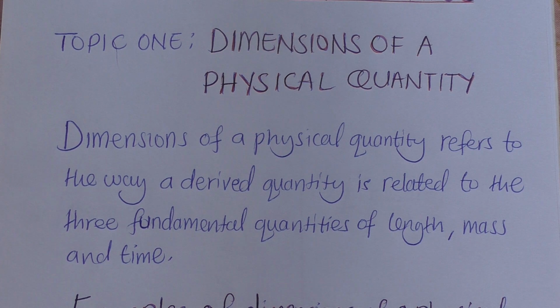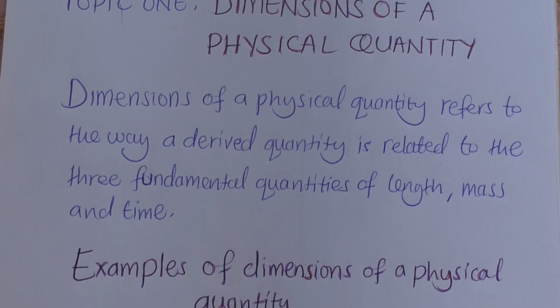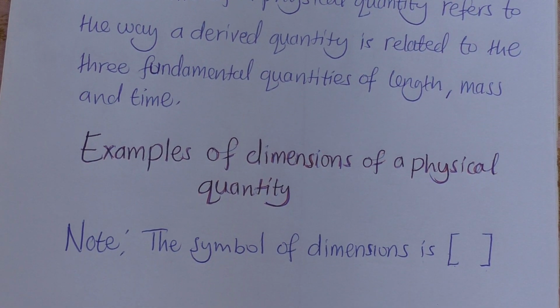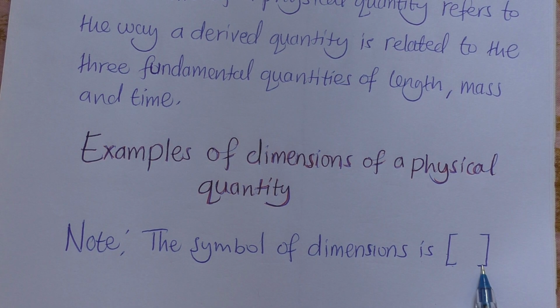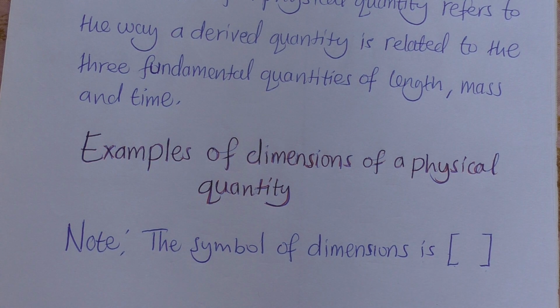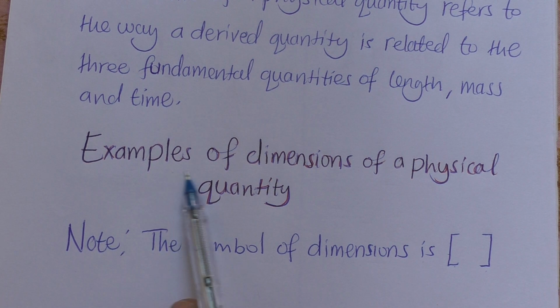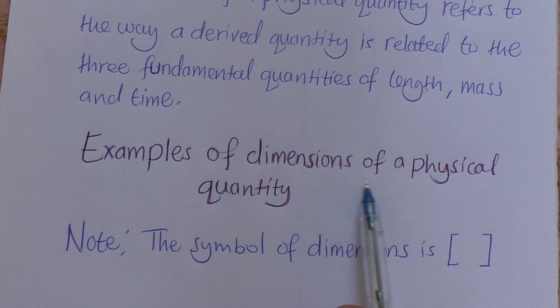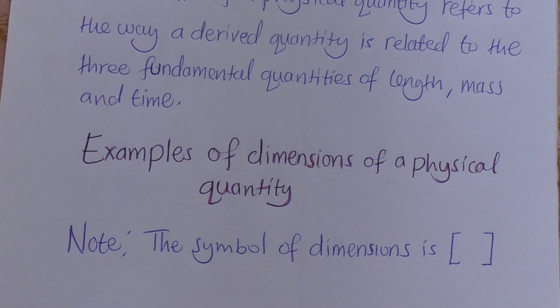The symbol for dimension is given by that type of brackets. So if we are to derive the dimensions of a quantity like density, we must put density in these brackets to show that we are deriving its dimensions. So let us look at the examples of the dimensions of a physical quantity.